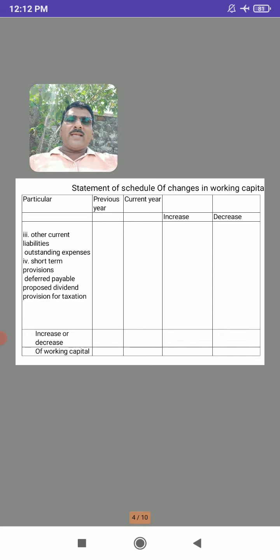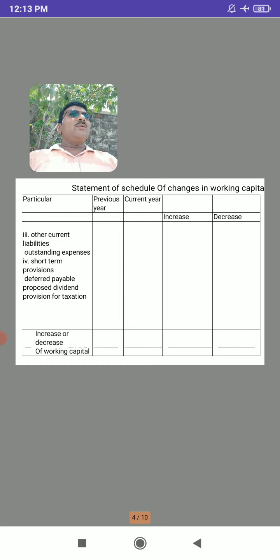So this statement, the schedule of changes in working capital, is very easy. The only thing we have to do is sort out the current assets and current liabilities and write them in a particular format, and after that compare the previous year data with the current year data, and calculate only whether there is an increase or a decrease in the value of the particular asset or liability.